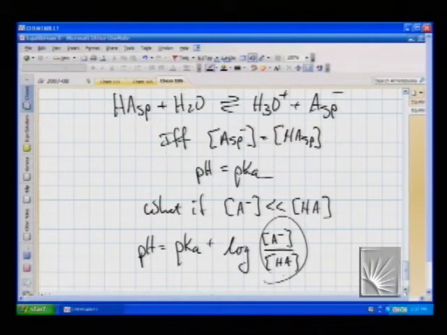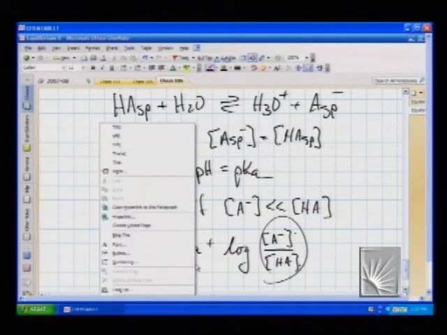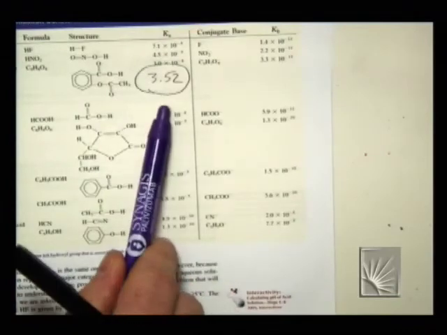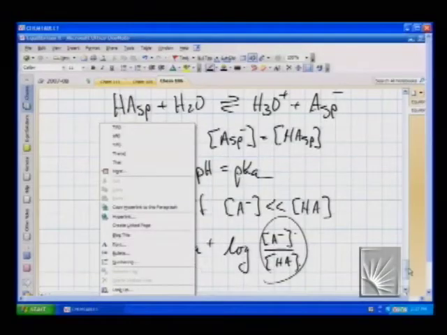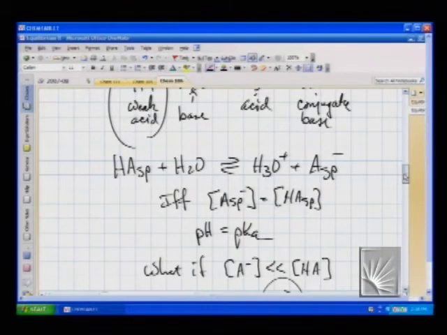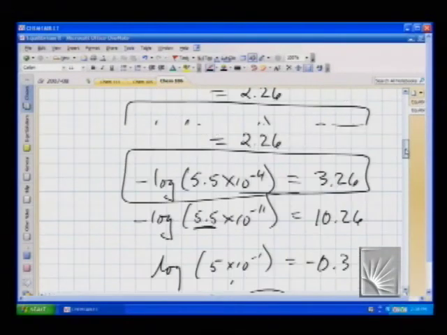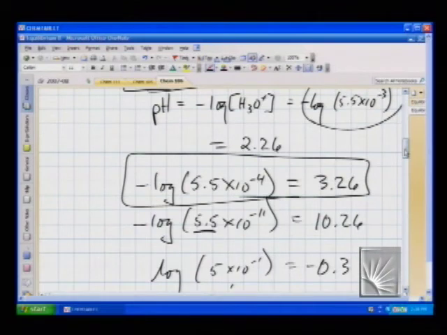So this is telling you that if you've got much less A minus than HA, your pH has to be less than your pKa. What did we say the pKa was for aspirin? 3.52. What did we calculate the pH of our solution was? 3.26. Why is the pH of our solution less than the pKa?